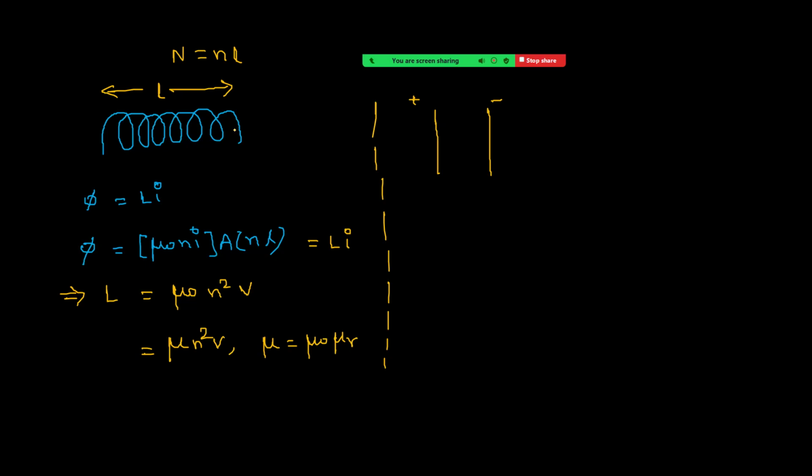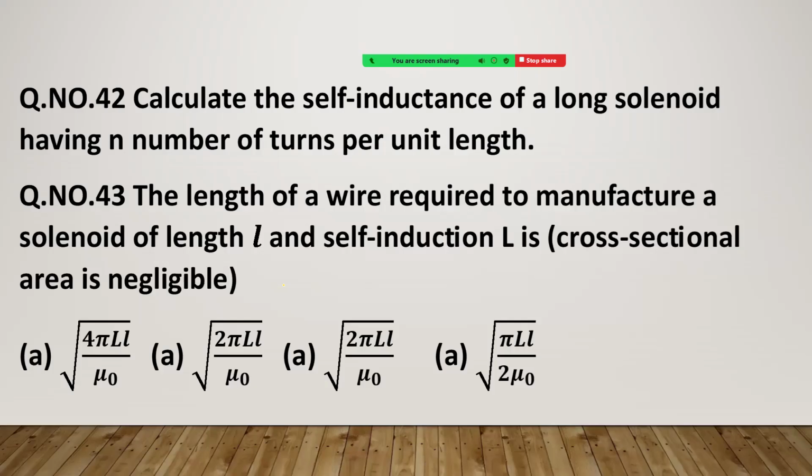At the edges, the field is not uniform, so we are neglecting that effect. So like this, we can compare an inductor with a capacitor. Okay. So for a solenoid, what is the coefficient of self-induction? Mu naught n square V. Okay. Let us see the next one.